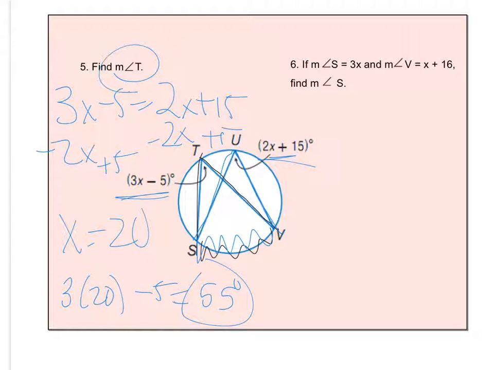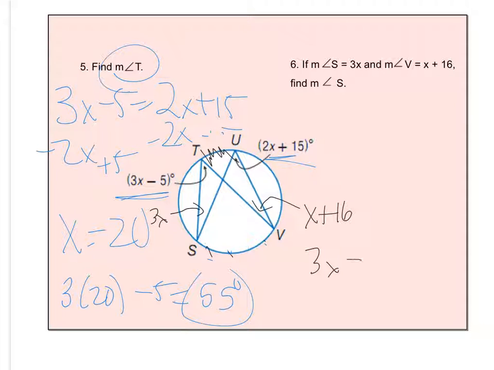Now if I look at number 6, let me clean out some of this. Number 6 says S is 3x, and V is x plus 16. Figure out what S is. So now they both intercept that little arc, so 3x is going to be equal to x plus 16.